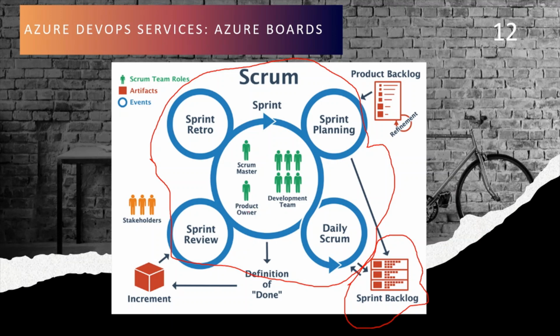Then you have different roles. I didn't talk about them. You have a scrum master, you have a product owner, and you have the development team. The development team is only responsible for the development of the product. They follow this scrum methodology, and they don't care about other things, like any surrounding problem.